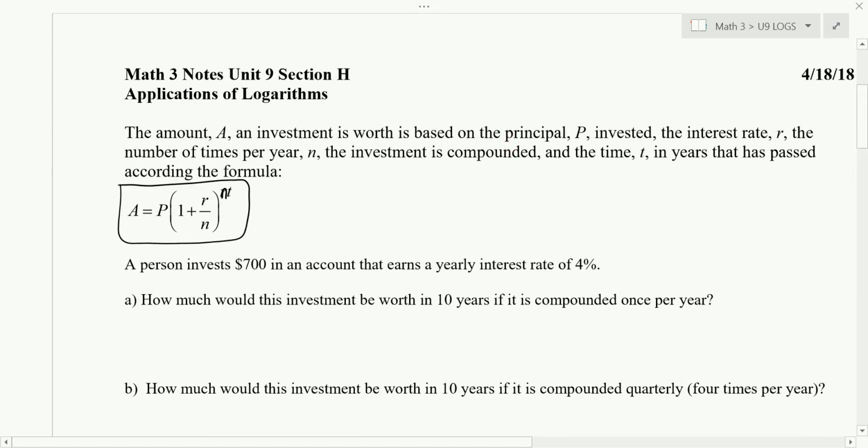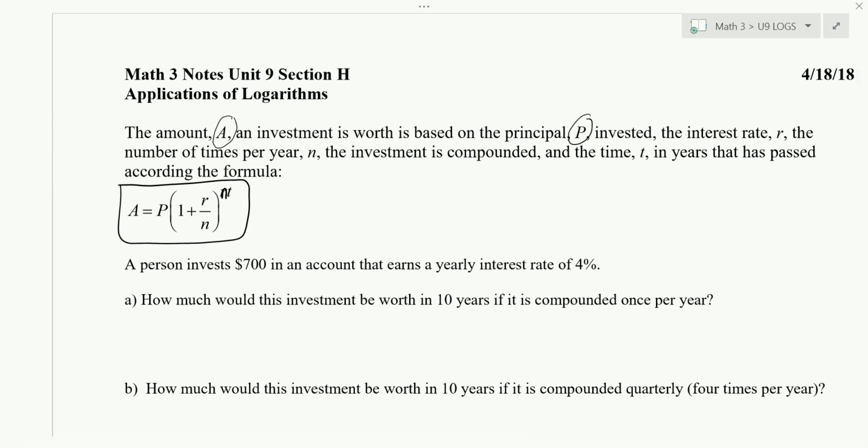Some of you may not even know what I mean by compound, so we'll back up a little bit here. When you use this formula, you've got a few different variables. A is the amount of money that you're going to get back. That's what you want, right? P is your investment, the money you're going to put in, and it's a one-time lump sum.